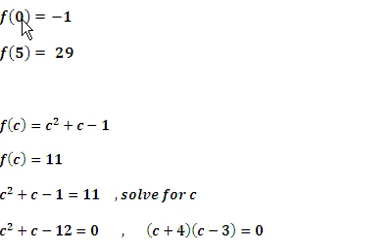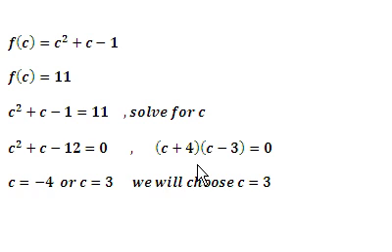Okay, so I did both my endpoints, -1 and 29, so we know 11 is between -1 and 29. And then f(c), just plugging c in for x here, is equal to 11. And so if f(c) is equal to 11, then we would set this equal to 11, and then we just simply solve for c. That's all we've got to do.